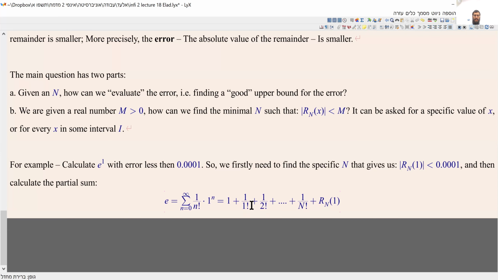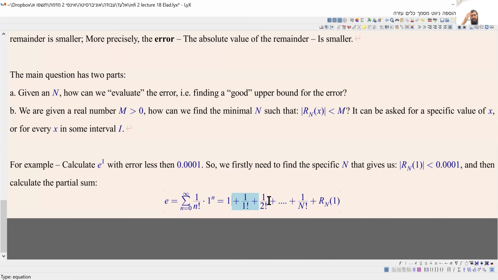Now, for n equals, for example, 2, the polynomial till n equals 2 gives you 2.5, which is not e, and the difference between e and 2.5 is still larger than 0.0001. We can try and fail until we succeed and find the exact n that works.